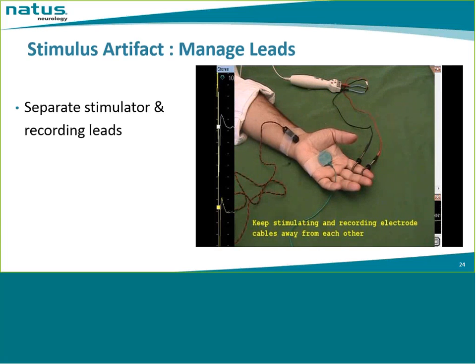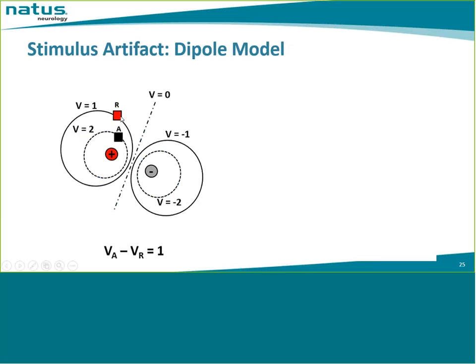This is my reference electrode, you can see at the top. This is the active electrode, and they are sitting on isopotential lines of different voltage. Because they record different voltage, this will not be cancelled by the differential amplifier. It will see the difference between these two. And this is how we get the stimulus artifact.